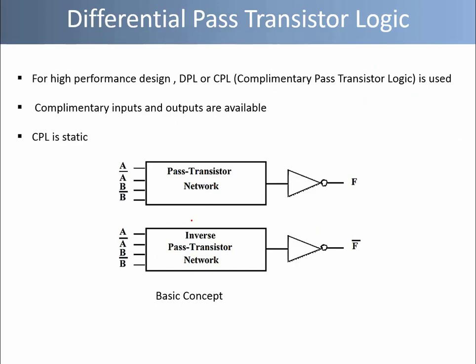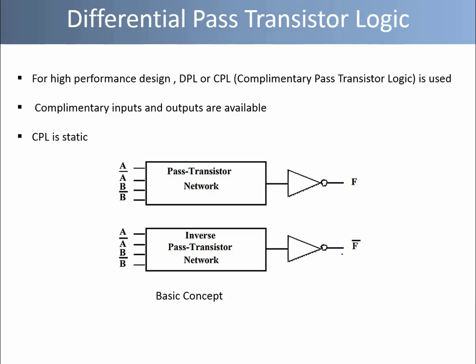For a high performance design, we have another option of pass transistor logic, which is known as complementary pass transistor logic, denoted as CPL, or differential pass transistor logic, denoted as DPL. And the basic idea of this logic style is to have normal as well as complementary input, and also to produce normal as well as complementary outputs.